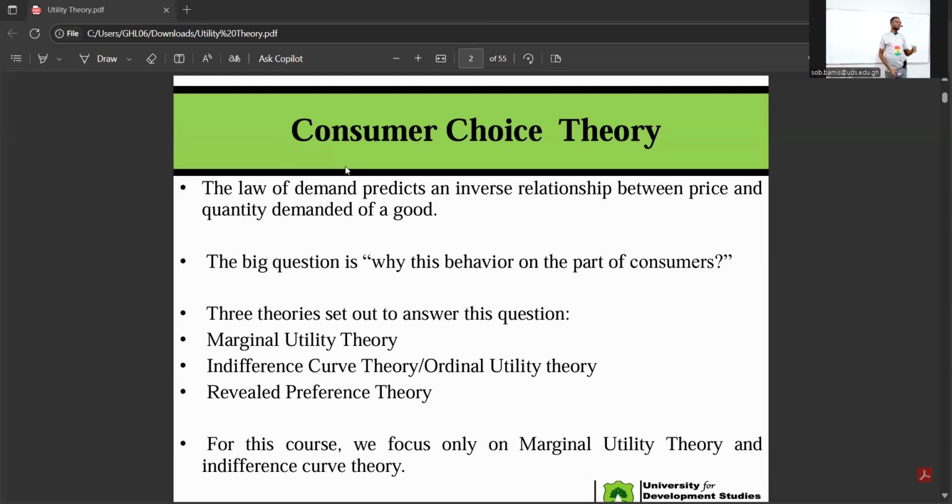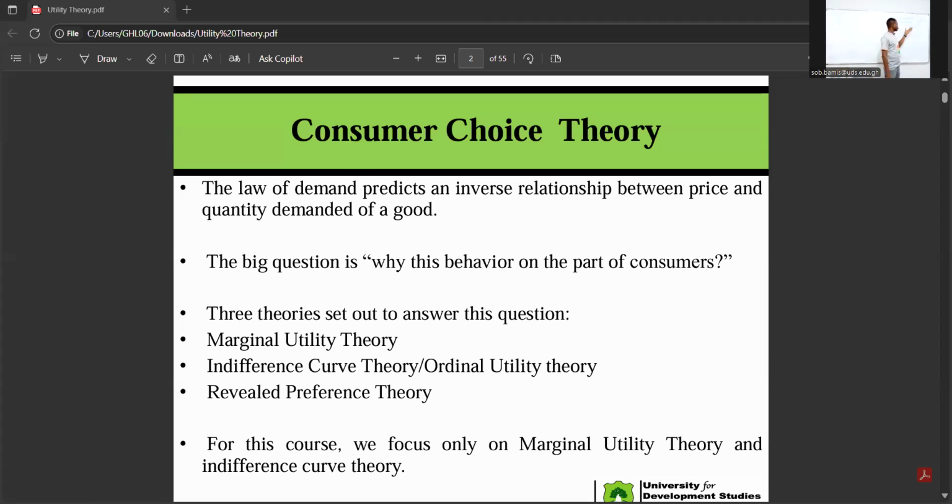If you are willing to pay 12 Ghana cedis for an item, then your utility in that case is 12 Ghana cedis. Because as a rational consumer, you want to spend your scarce resources on a product that gives you the highest level of satisfaction. So you are willing to spend on it by buying it at 12 Ghana cedis. It means your utility from it is 12 Ghana cedis, if you want to measure it in monetary terms.